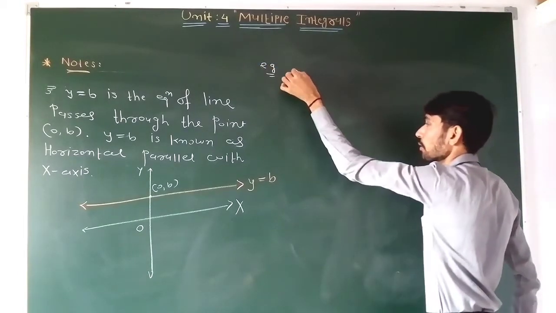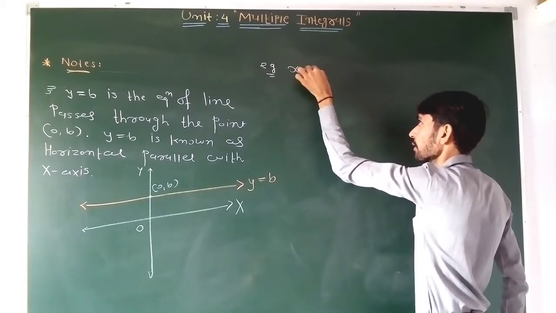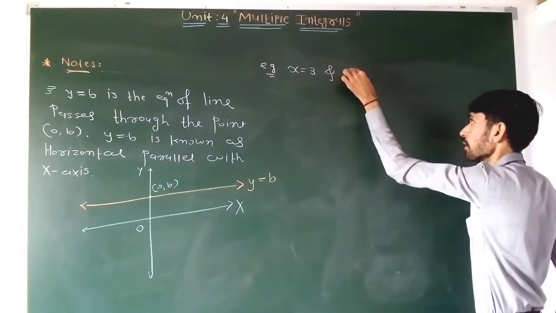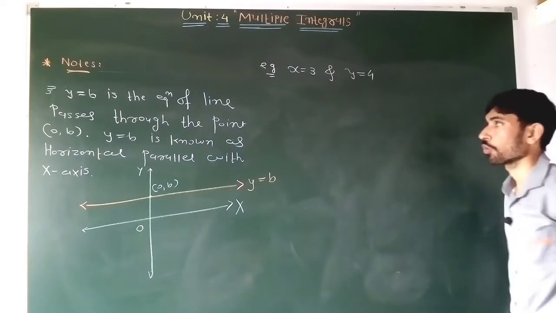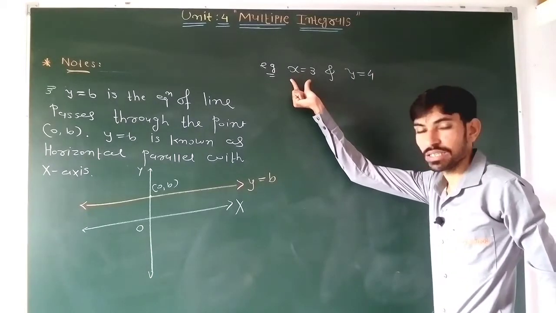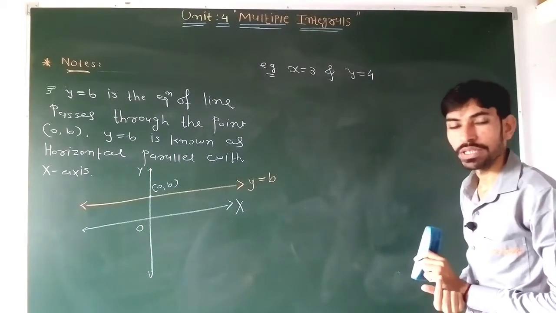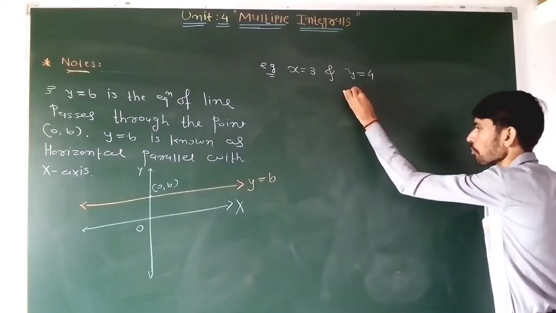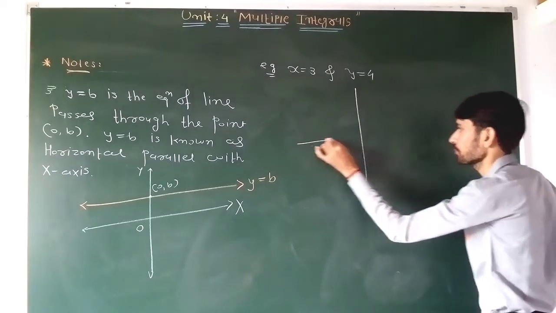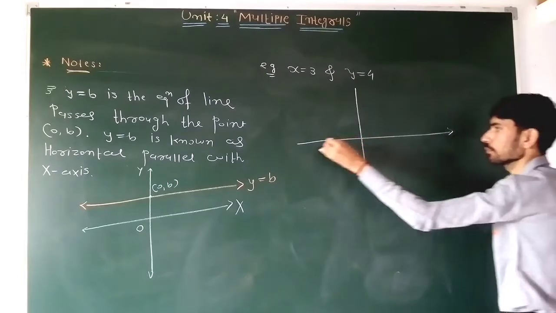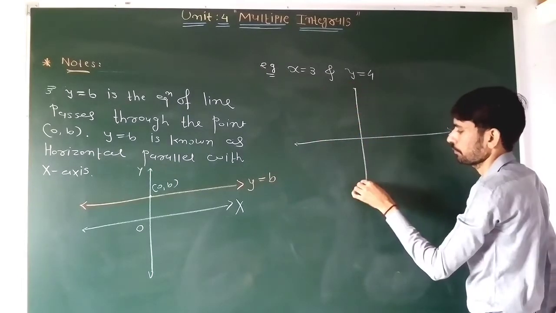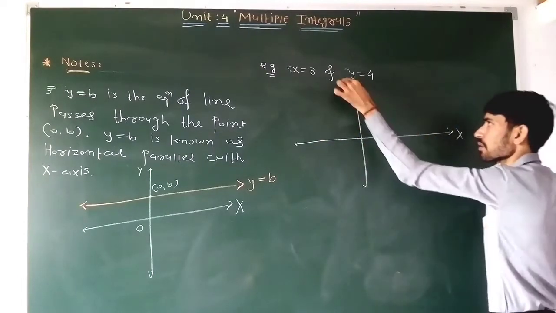For example, draw the line x is equal to 3 and y is equal to 4. Friends, we have to draw two lines, x is equal to 3 and y is equal to 4, on the same plane. So first of all we draw our xy plane. This is the x-axis, this is the y-axis.